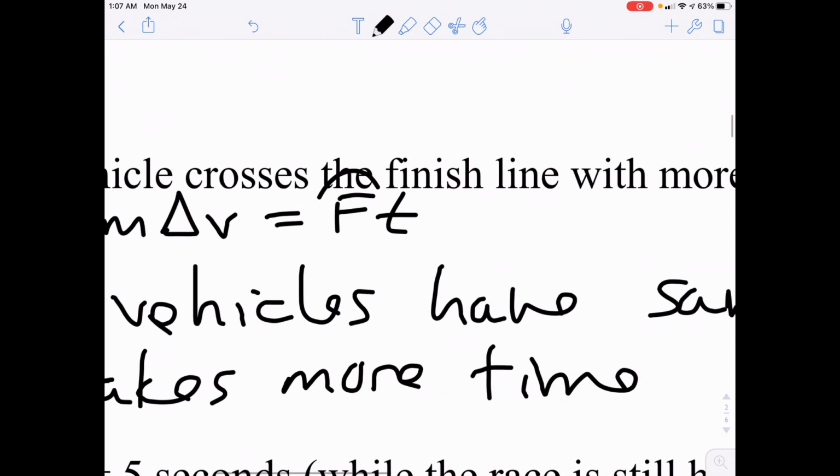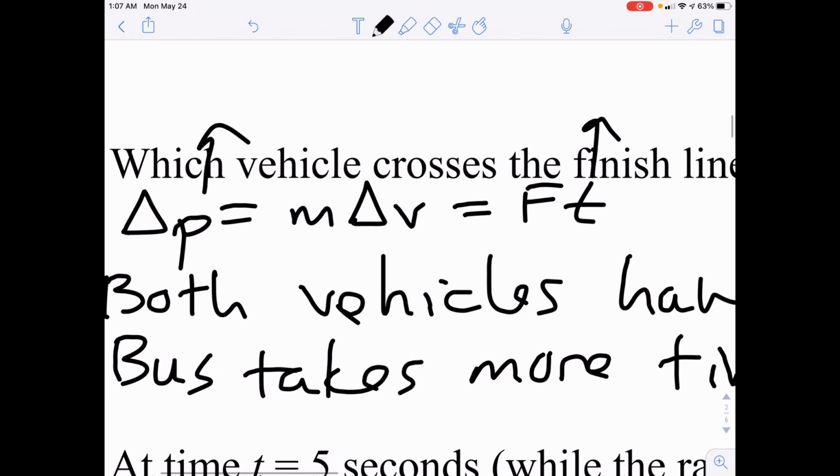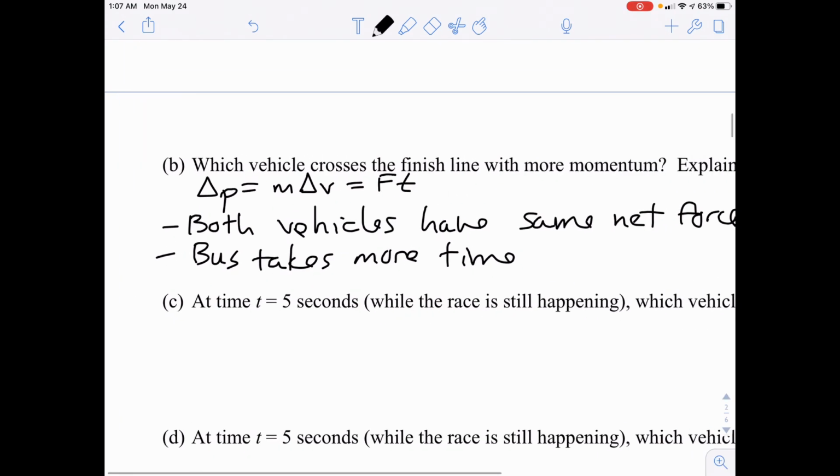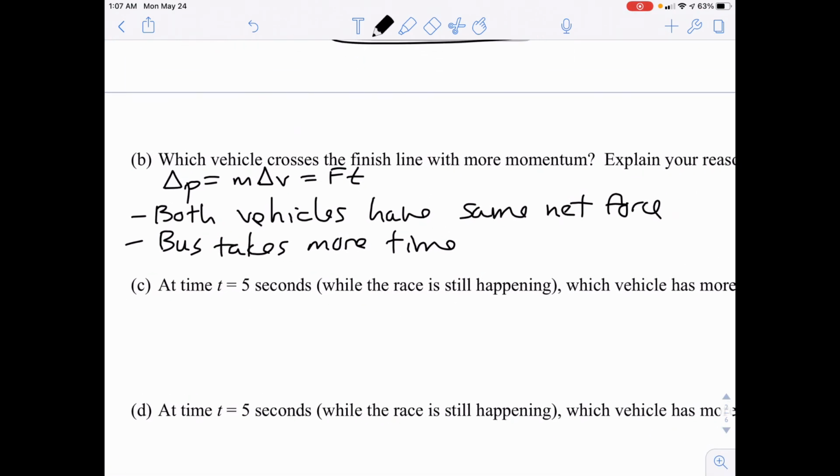And so if they have the same net force, if the bus takes more time, it has a greater change in momentum. So the bus takes more time, and therefore has a greater change in momentum.